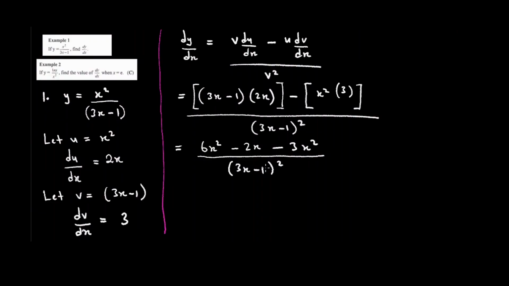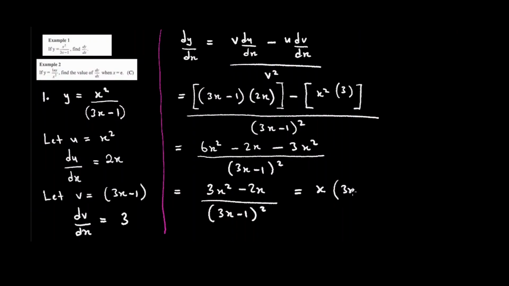And so this is equal to 6x squared minus 3x squared, the 3x squared. Of course, now minus 2x. This is equal to 3x minus 1 squared. Then of course we can simplify this. Take a factor out x pamsoro panapa.